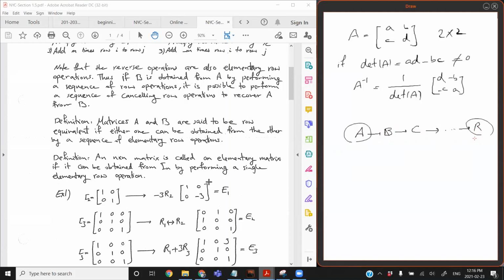Then all of these matrices would be row equivalent with each other, because each one can be obtained from the other one by performing a sequence of row operations. Is that clear? The definition of row equivalence.